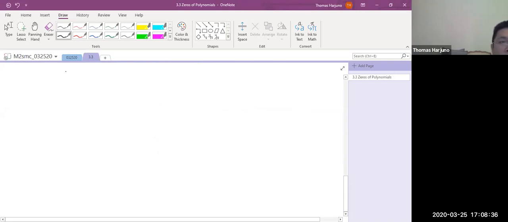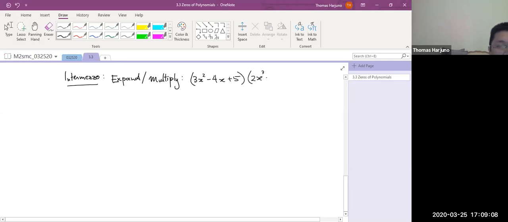Some intermezzo. How do I expand or multiply, let's say, 3x squared minus 4x plus 5 times 2x cubed plus 5x squared minus 7x plus 2?